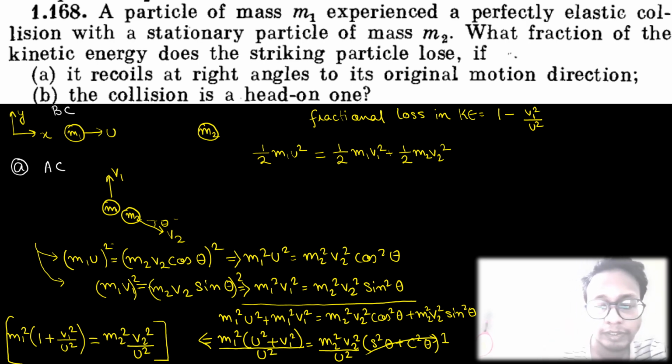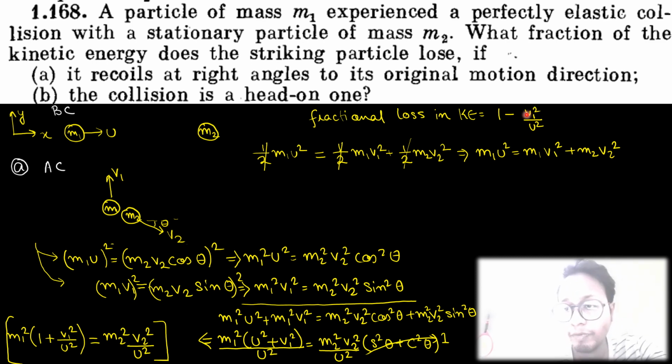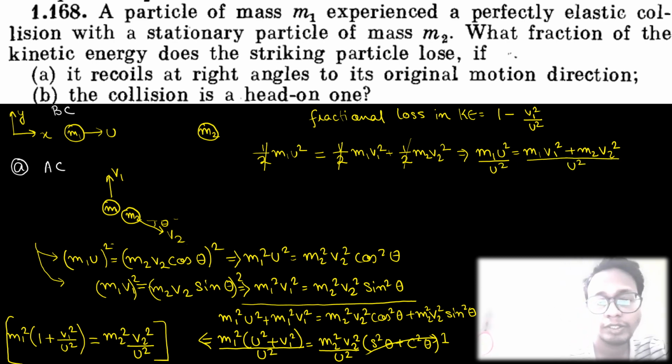Here I'm cancelling the half, so my equation becomes m1 u square equals m1 v1 square plus m2 v2 square. The parameter I have to obtain is v1 square by u square. So I divide the left hand term by u square and the right hand term by u square. So what do I get?